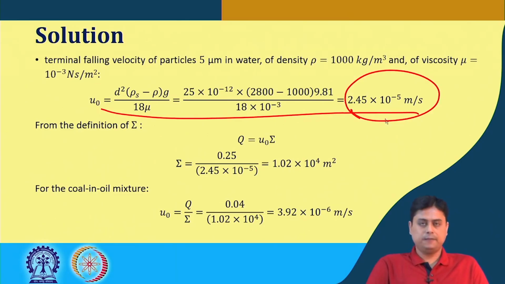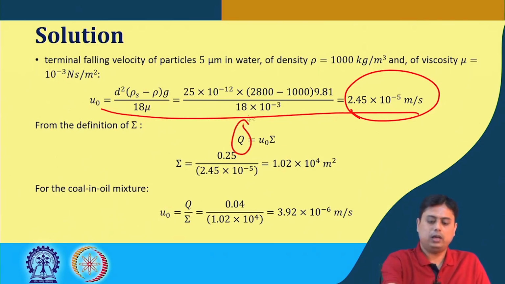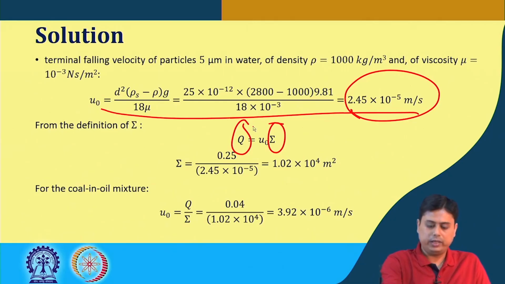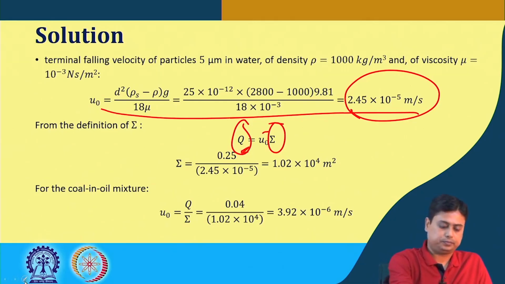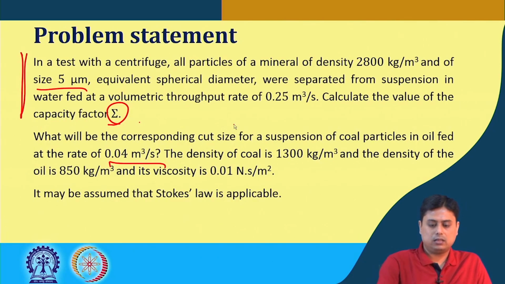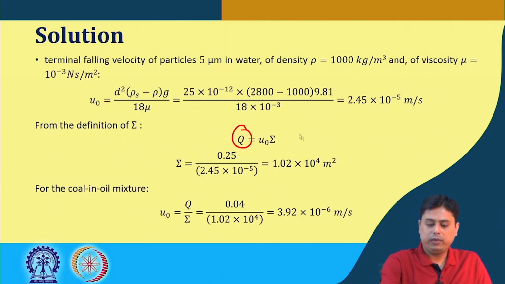Now, by definition, this whole throughput is the particle terminal velocity multiplied by the capacity factor. Here Q is known and the terminal velocity is known. Q is given, as we have to handle 0.25 meter cube per second, and we have calculated this U0.